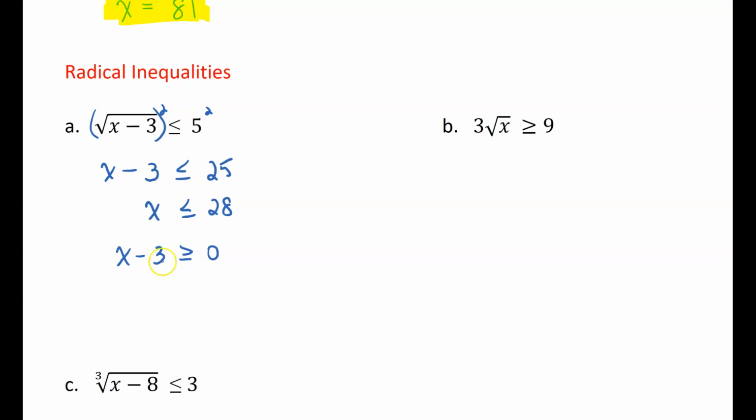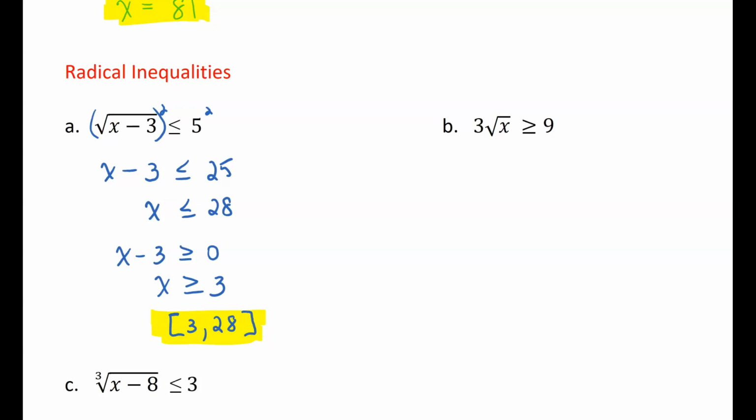So in this case, when I solve for x, I end up with x is greater than or equal to 3. Okay? So my solution says that x has to be at least 3, but less than or equal to 28. So I'm going to put that into interval notation from 3 to 28 inclusive. So there's my solution.